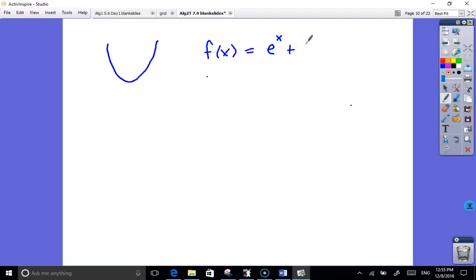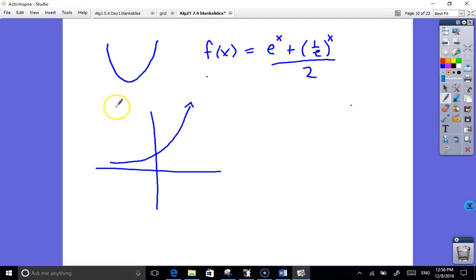Plus 1 over e to the x, which would be decay, divided by 2. So in fact, this shape is the average of this and this. You put all that together and you get that shape right there.